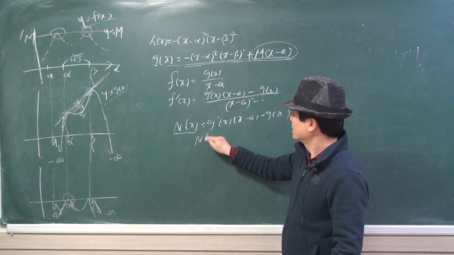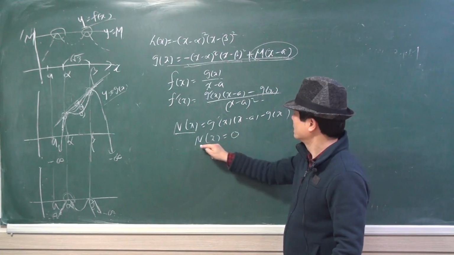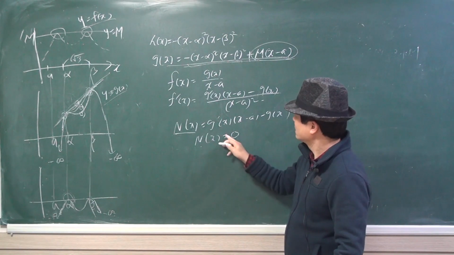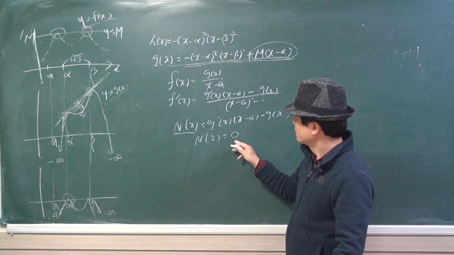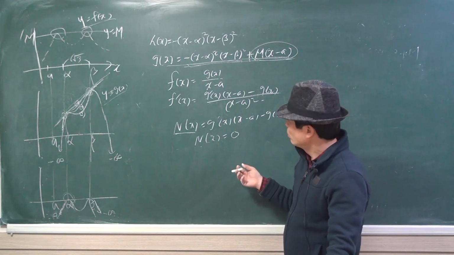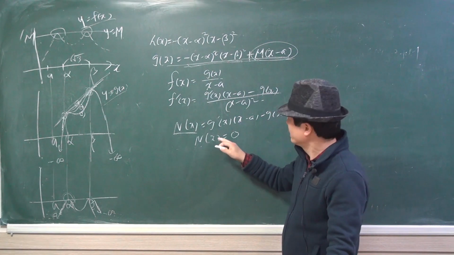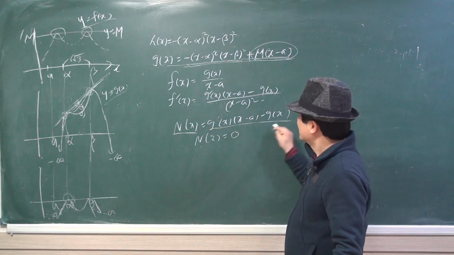That is, they are the solutions of n(x) equals 0. To do that, first we find out what n(x) is by considering only the leading terms of this function.